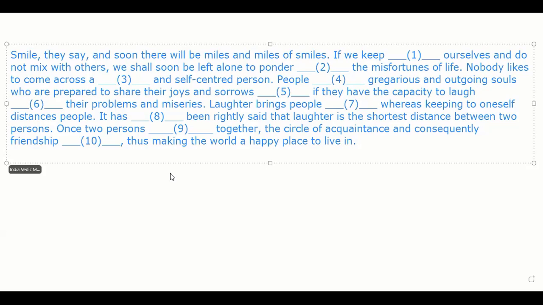Something, if they have the capacity to laugh, something their problems or miseries. Laughter brings people something, whereas keeping to oneself distances people. It has something been rightly said that laughter is a short distance between two persons. Once two persons something together, the circle of acquaintance and consequently friendship something, thus making the world a happy place to live in.